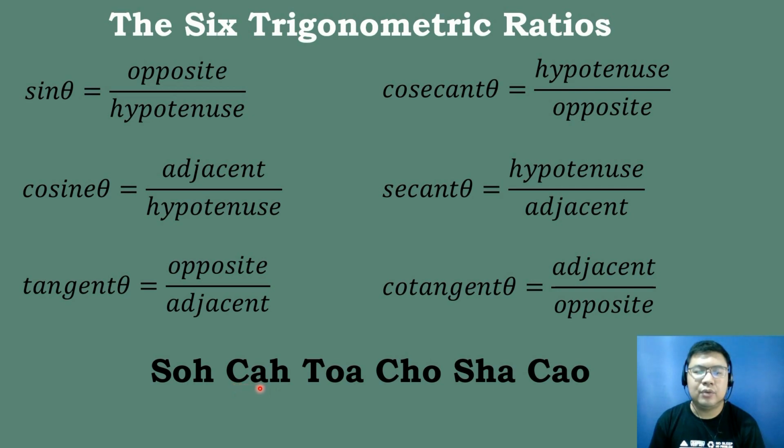Cosine is equal to adjacent over hypotenuse. Tangent is equal to opposite over adjacent. Cosecant is equal to hypotenuse over opposite. Secant is equal to hypotenuse over adjacent. Cotangent is equal to adjacent over opposite. So the acronym: SO, KA, TOA, CHO, SHA, KAW.